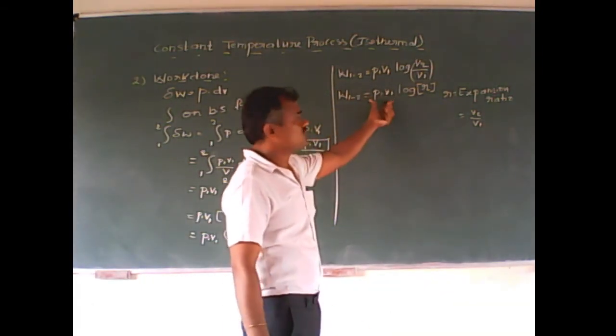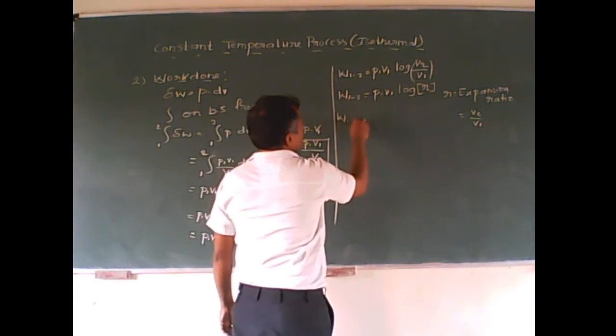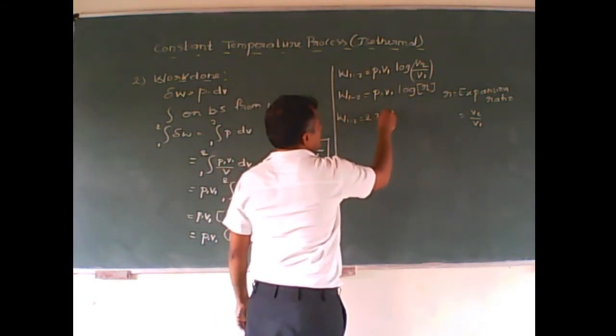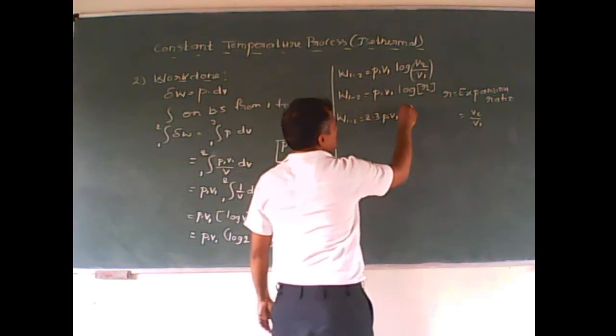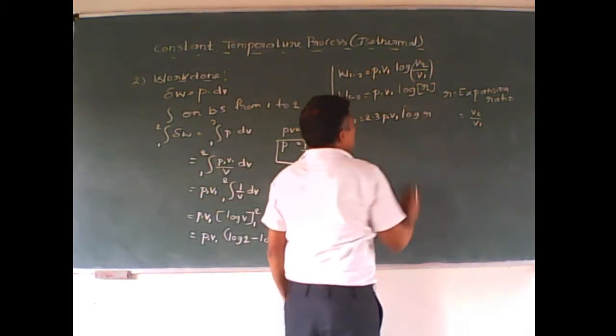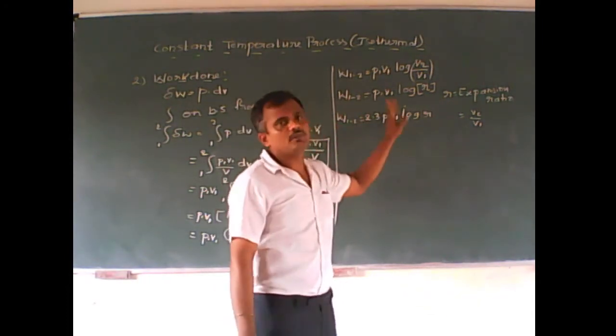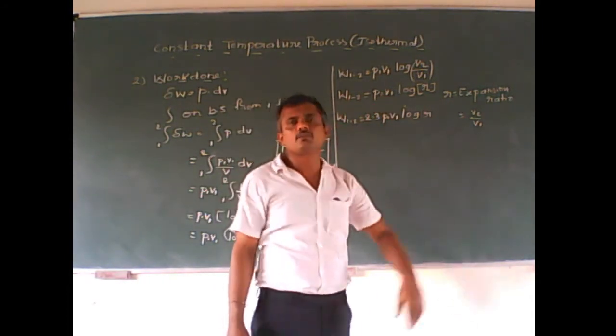We can also write the work done from 1 to 2 as 2.3 P1 V1 into log R, where with 2.3 the log base will be 10.